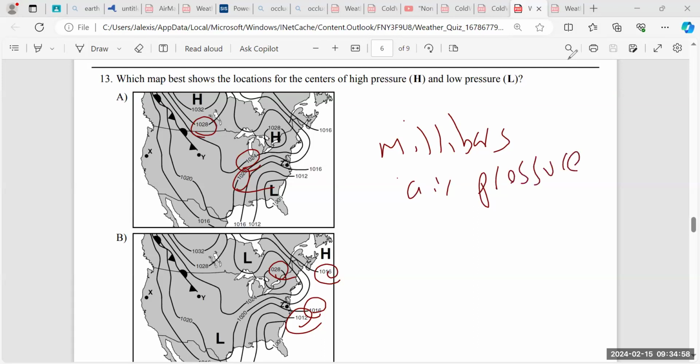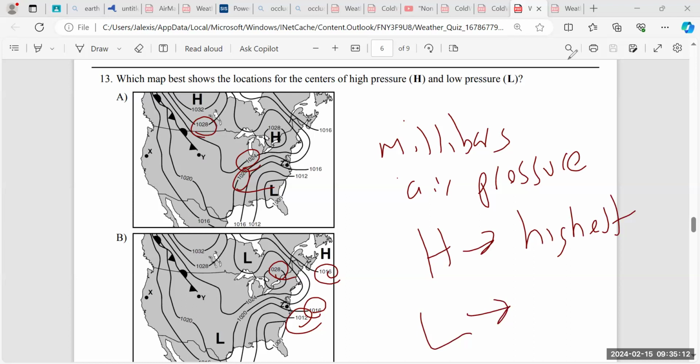High pressure means that the pressure at the point of the H has to be at the highest value. The L symbol represents that the pressure has to be at the lowest value, right?